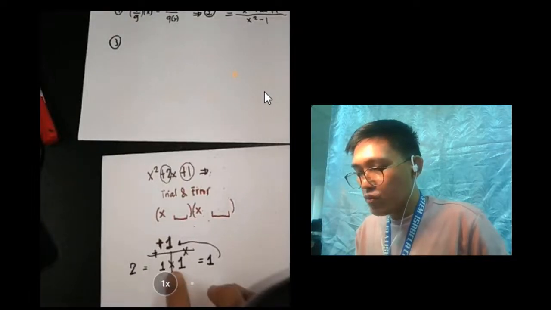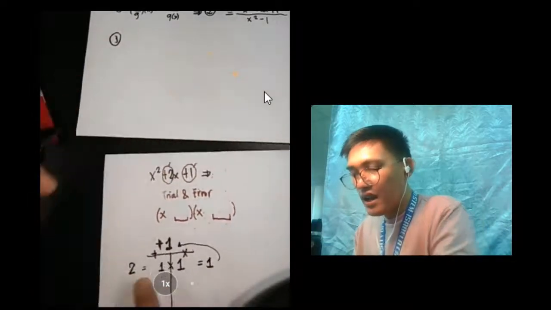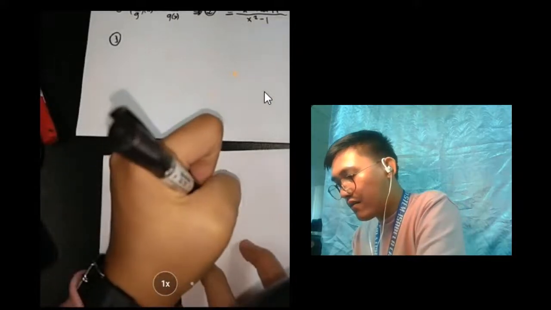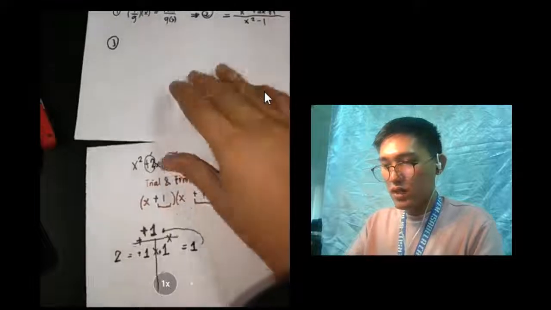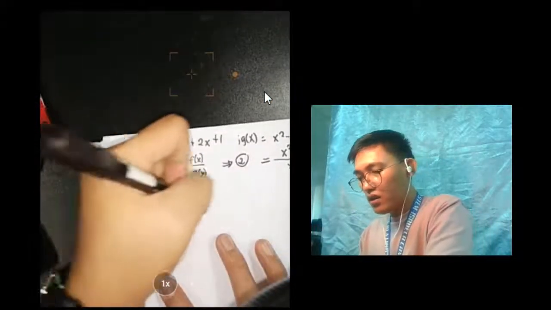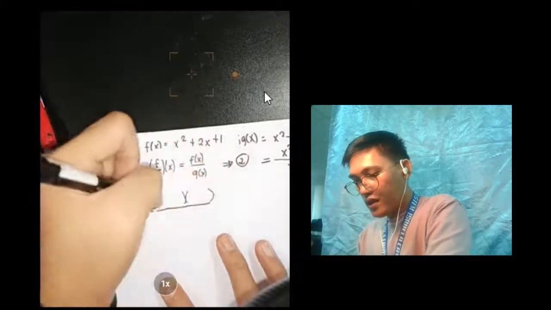So it's 1, we got it. And for this part, it's 2, we got it. Now, the factor is positive 1 and positive 1. That is how we do trial and error factoring. So we will put it in here: x plus 1 and x plus 1.